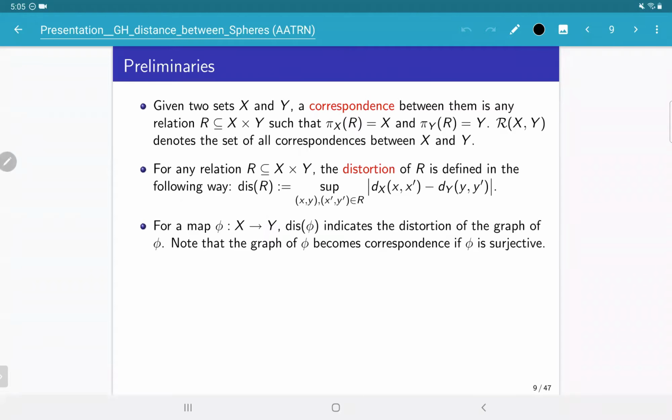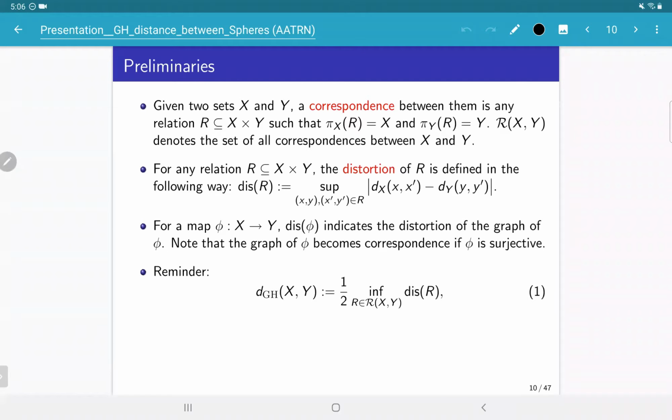And one remark is that for any map phi from x to y, a distortion of phi indicates the distortion of the graph of map phi, because we can see the graph of phi as a relation between x and y. And in particular, if phi is a surjective map, the graph of phi becomes a correspondence. And in this project, many correspondences we built actually have this kind of form, coming from a map.